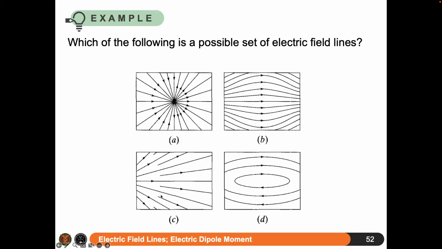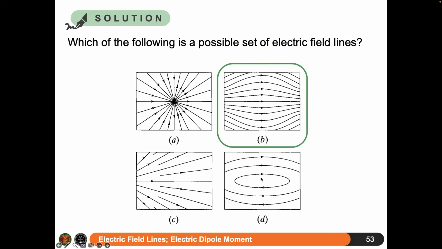Okay? Yung B, pwede. Possible set siya ng electric field lines. Right? Kasi meron kang source, alam mo na may source ka sa left, meron kang source sa right, tapos hindi sila nag-intersect. Yung D, hindi siya pwede, impossible, kasi hindi mo alam kung nasaan yung source at nasaan yung sink. Okay? So, ang sagot lang dito ay B.